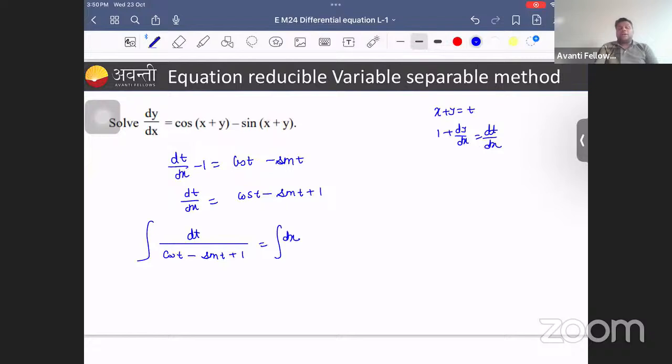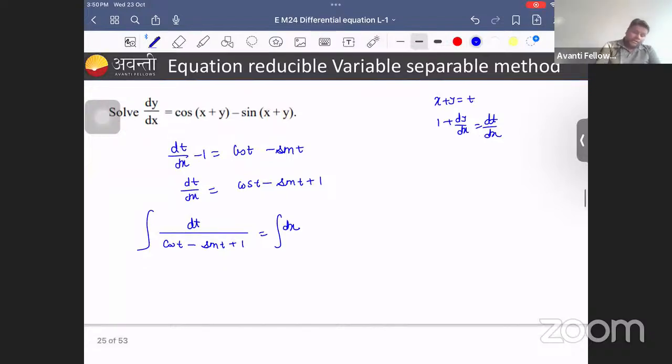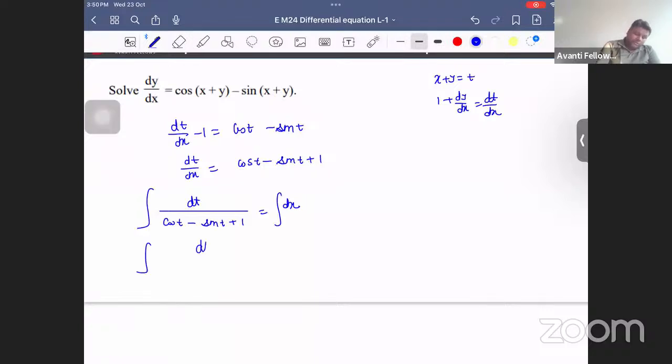Now the another challenge is how to integrate the left side. Got it? So that we will be doing it by dt upon, constant will be there, 1 plus cos t is 2 cos square t by 2 minus 2 sin t by 2 cos t by 2. Or the better way we can do, just convert the entire equation into half angle of tangent. That would be much better.